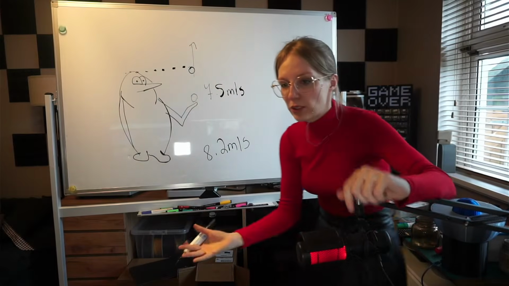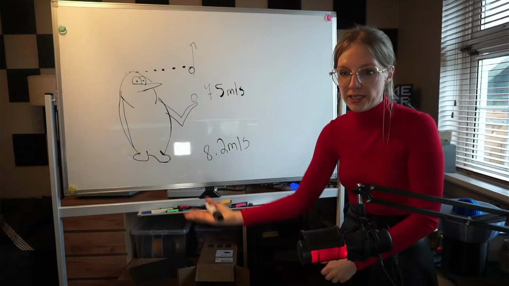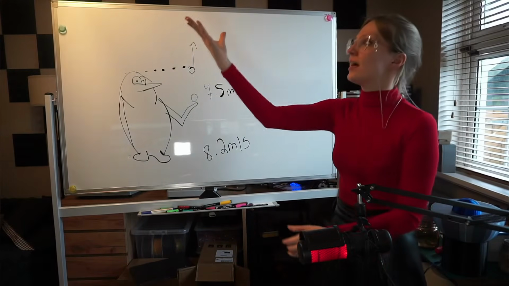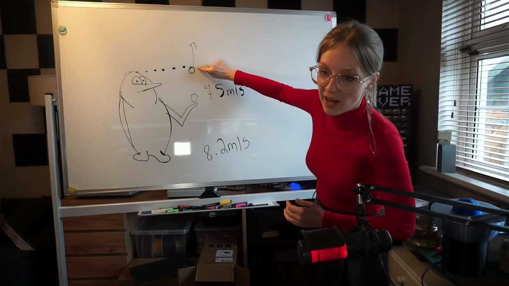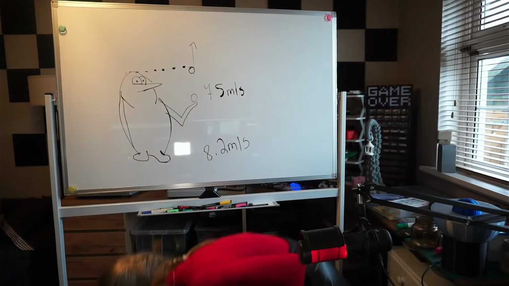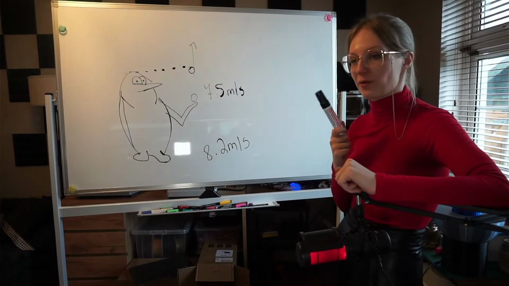So you know the way when you throw something up, it's actually in your hand for a while, you're applying a force, and then it goes into the air. So from the moment it gets let go, it's at the height of the penguin. The question is, can you find the height of the penguin?